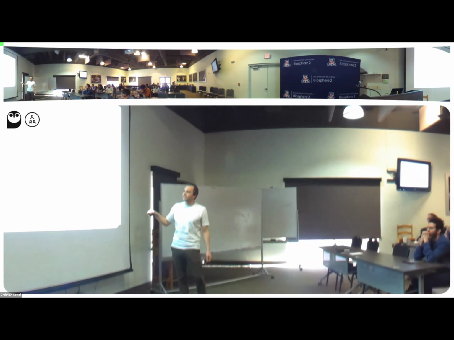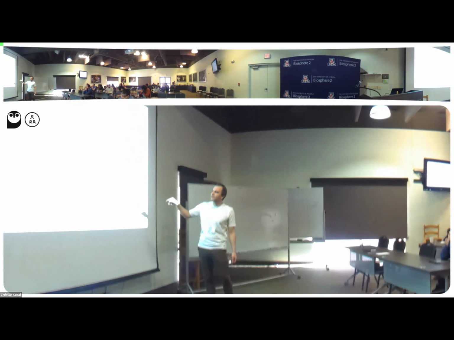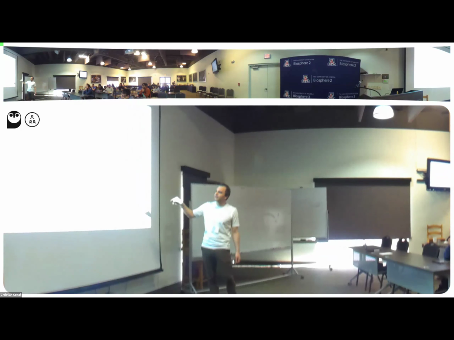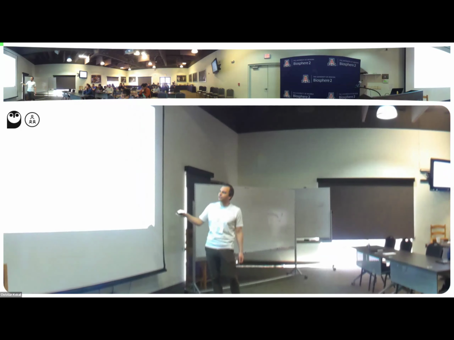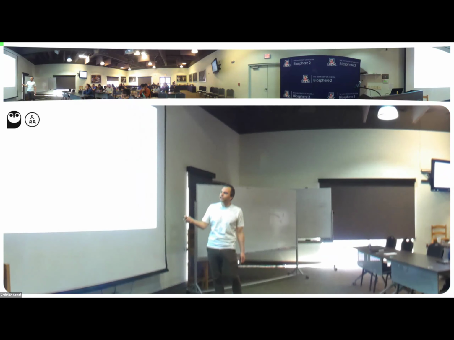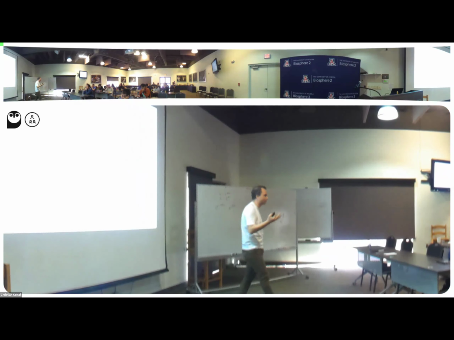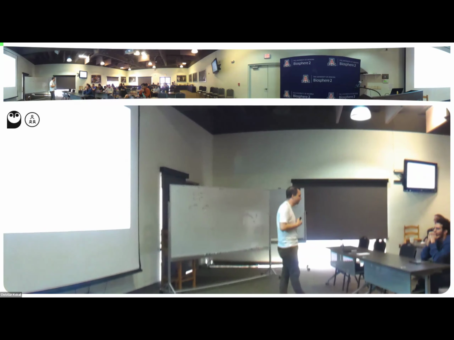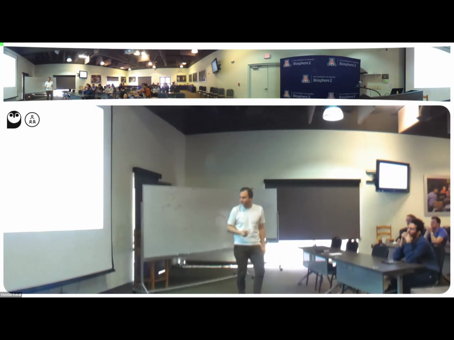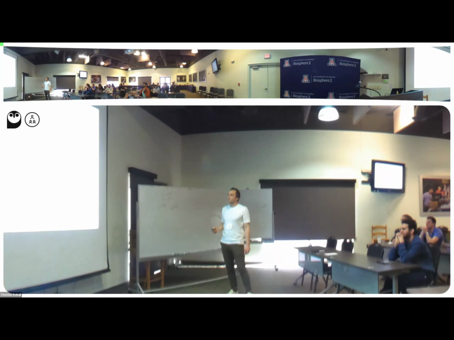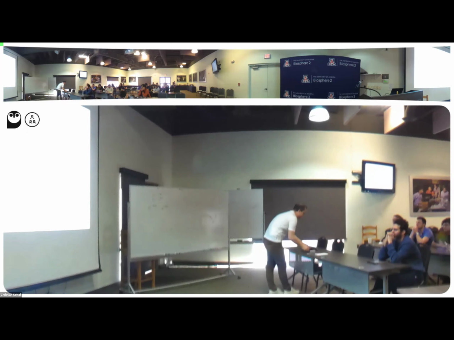Another definition of transversal gates is that for implementing a certain logical gate, you do this exact operation on every physical qubit. So this is the concept of transversal gates.